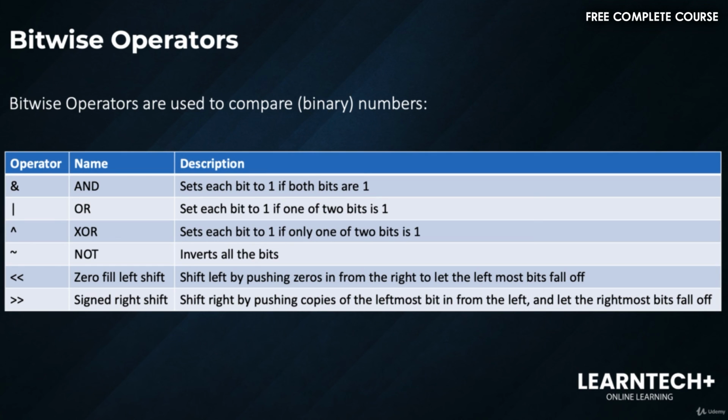NOT inverts all the bits. Zero fill left shift: shift left by pushing zeros in from the right and let the leftmost bits fall off. Signed right shift: shift right by pushing copies of the leftmost bit in from the left and let the rightmost bits fall off. Okay?